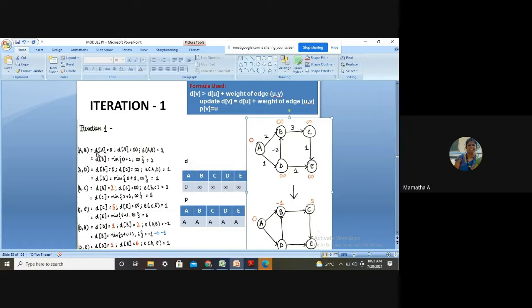A. And what is V? B, ma'am. Now you have the D array. You can observe A is my source. Its entry is 0. The rest are all infinity. And I have taken another path array wherein all are initialized to A.